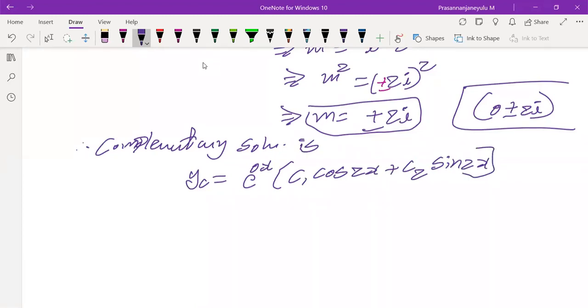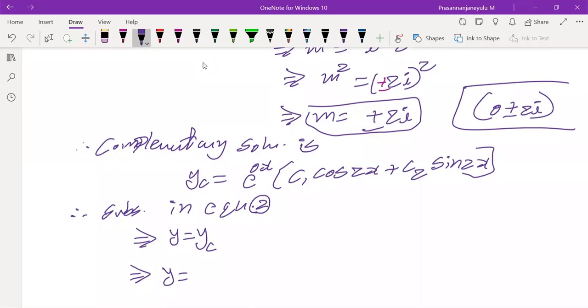Then, therefore, we have to say substitute in equation 2. That is the general wording we need to write. That implies y equals yc implies y equals e power 0x, which is 1.